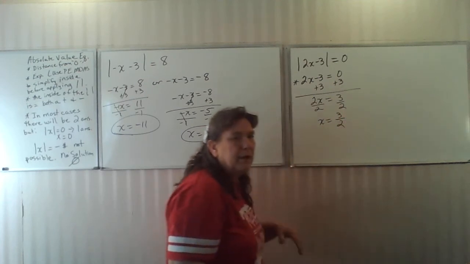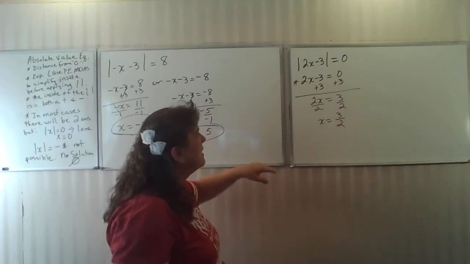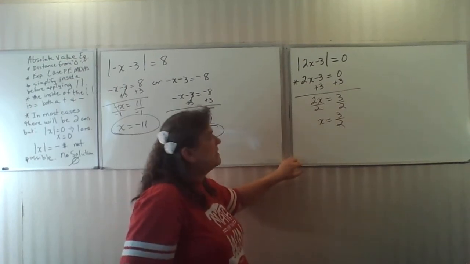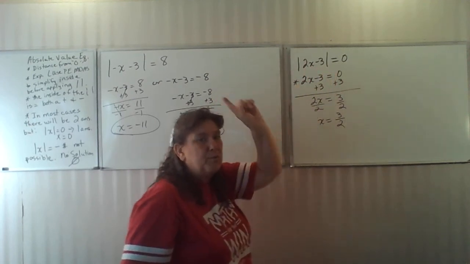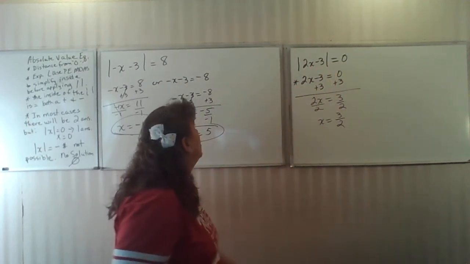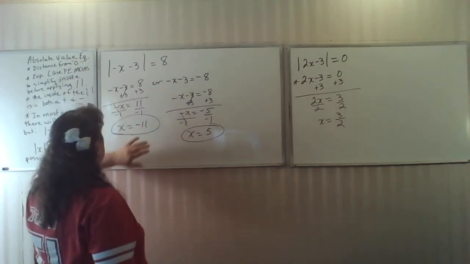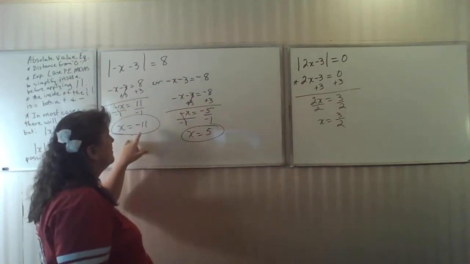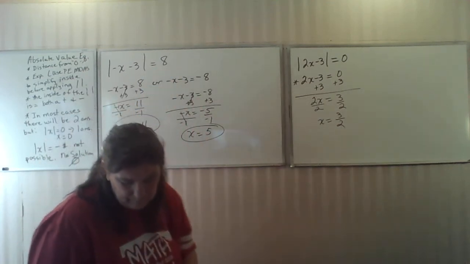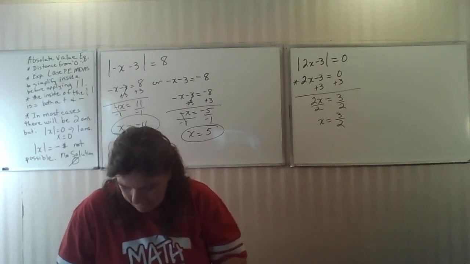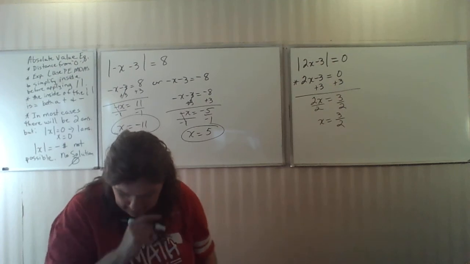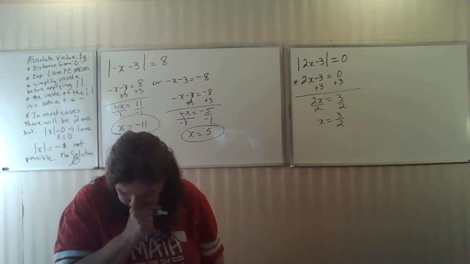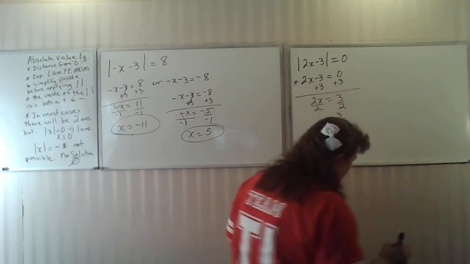Okay? A fraction. Leave it just like that. It won't simplify anymore. Just leave it like it is. Notice, when it's equal to 0, there's one answer. When it's equal to a positive number, like we've done already, there's two answers. Okay, how about this one?